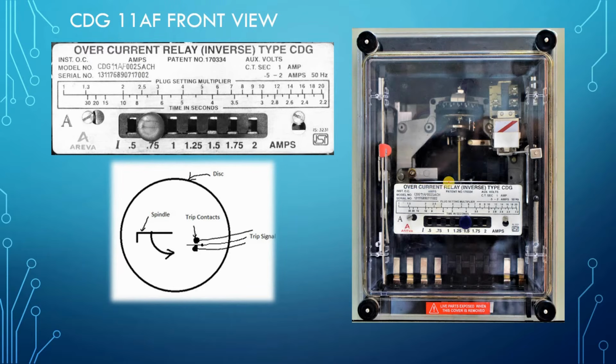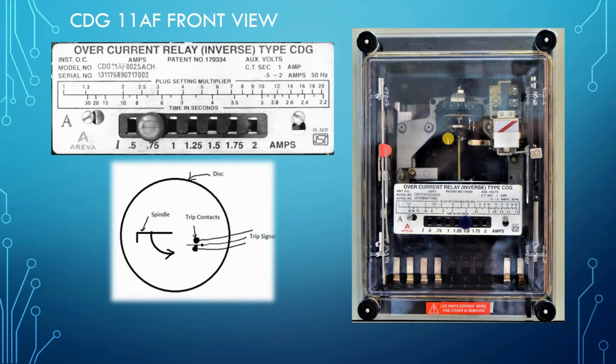Here you see this is the disk, and this disk is attached with the spindle, and this spindle is attached with a knob. The position of the knob is circular motion. So the position of the disk spindle means what is the starting point of the spindle. It can start from here, it can start from here. That starting point will give you the TSM.